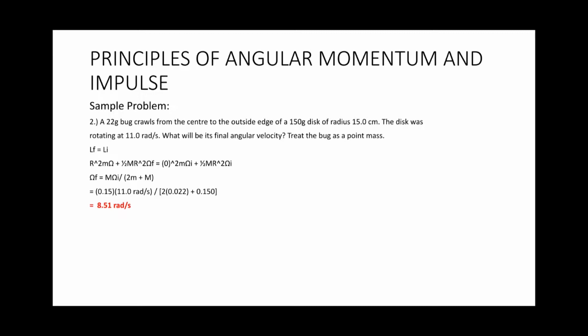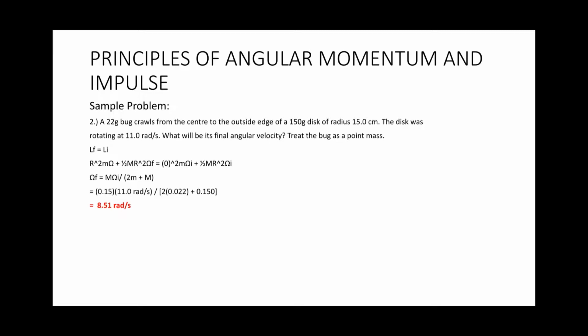Consulting a table of moments of inertia, we find I is equal to 1/2 mr squared. Equation 1: r squared m omega f plus 1/2 mr squared omega f is equal to 0 squared m omega initial plus 1/2 mr squared omega initial.